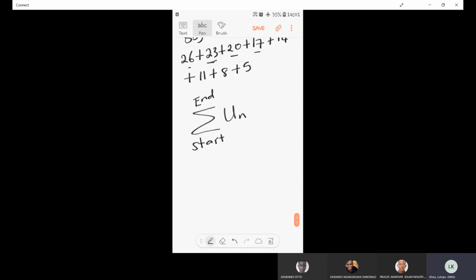So what I need to do is put my start, my end point, and the formula for the nth term. For an arithmetic progression, the formula for the nth term is a plus n minus 1 times d. Now a here is the starting point, which is 26. And then I put n minus 1, and d is 23 minus 26, which is negative 3.